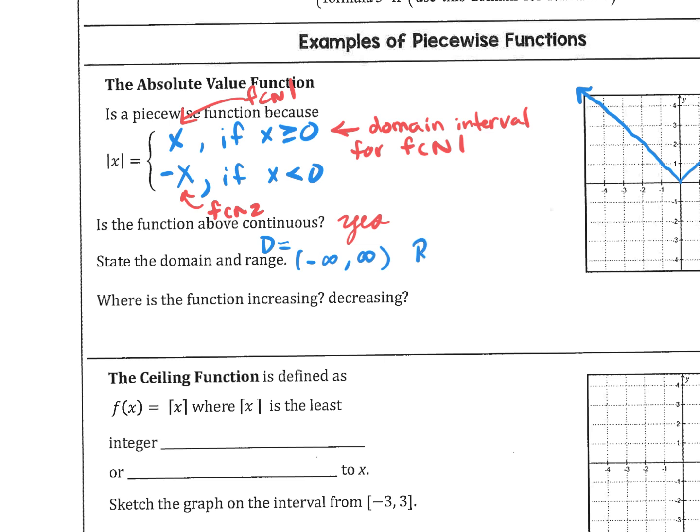What is the range? What are all the y values for this function, guys? From where? Greater than 0. Is it on 0? So greater than or equal to 0. So my y values, my range is from 0 to infinity with a bracket on one side, right?